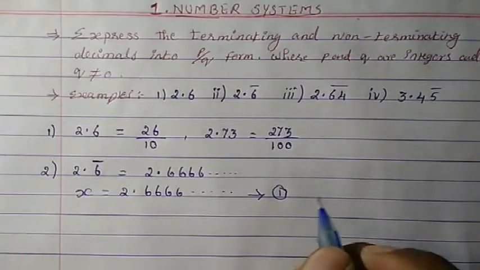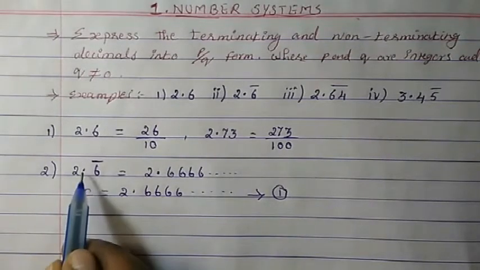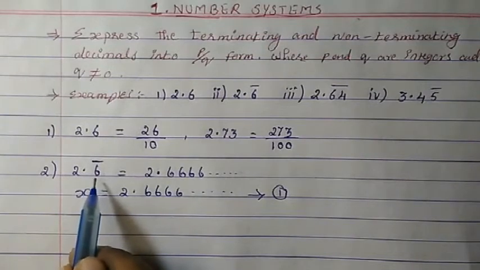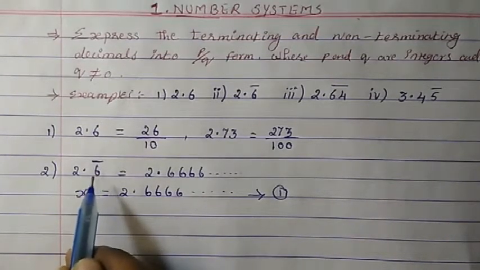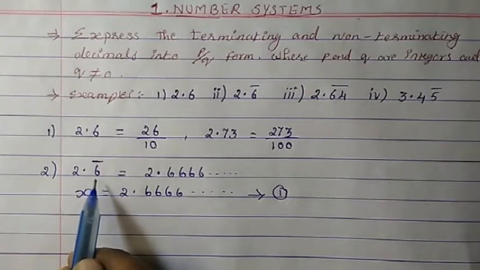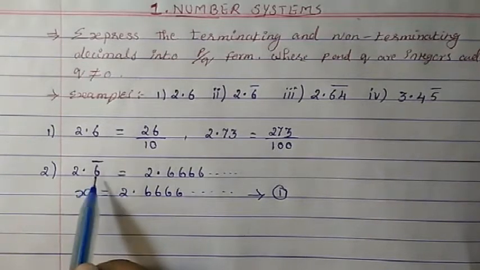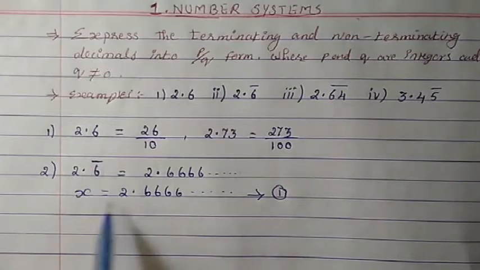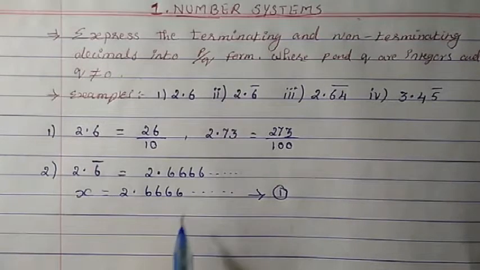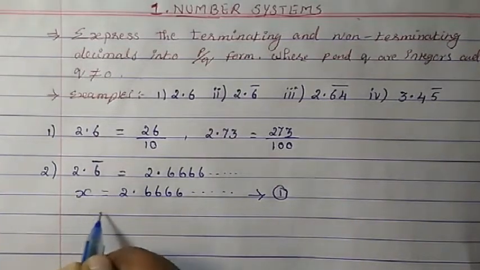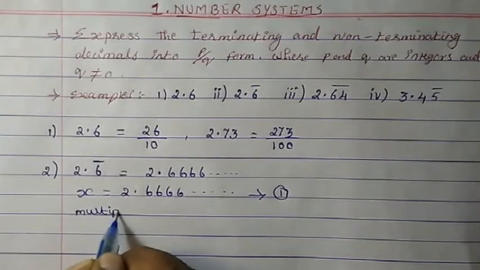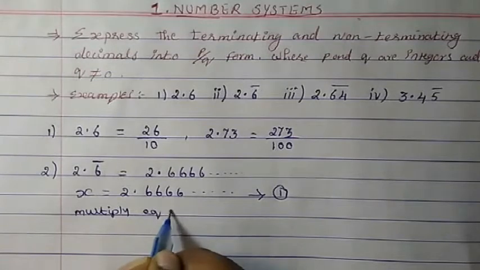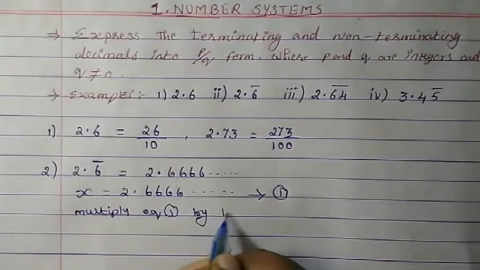Next, you have to see how many digits are being repeated after the decimal. Only one digit is being repeated, therefore we will multiply equation 1 by 10.